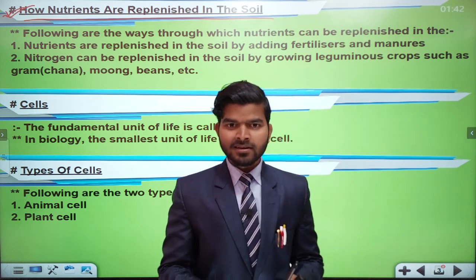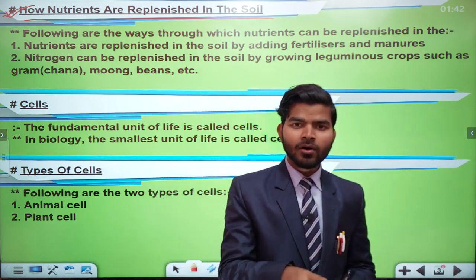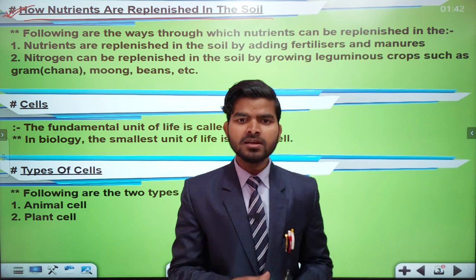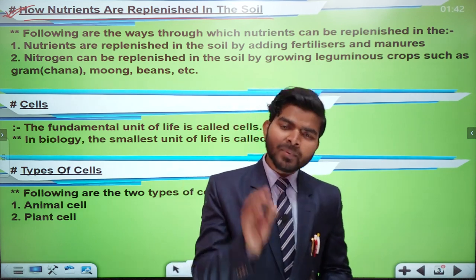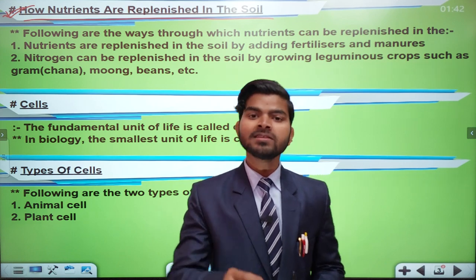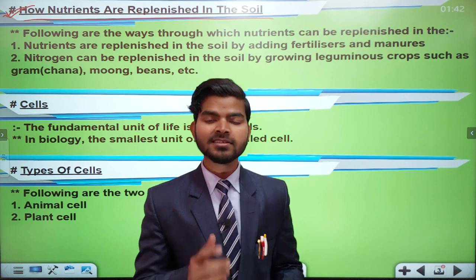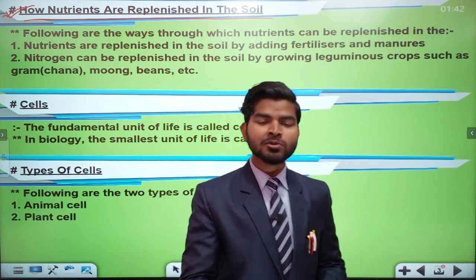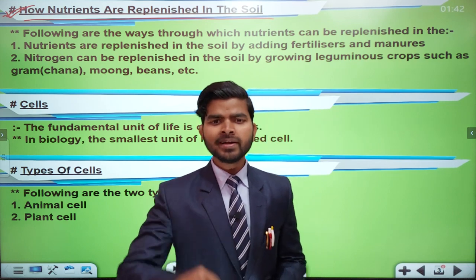Then the nutrient-deficient soil can be replenished with other nutrients. But how is it possible? How can you do this? And this is our topic.